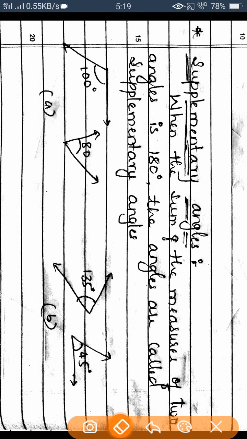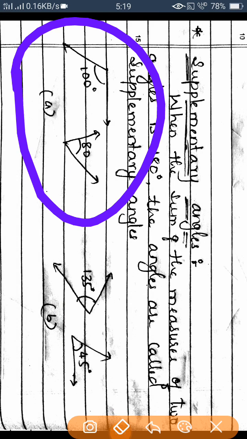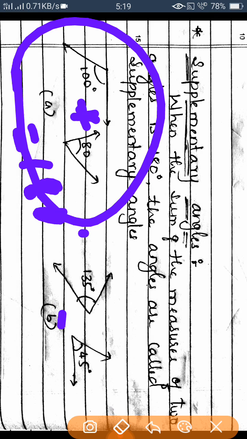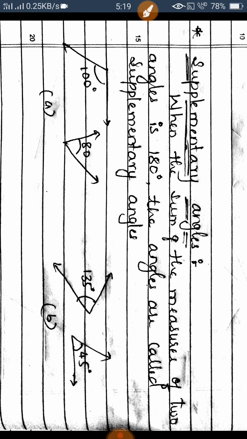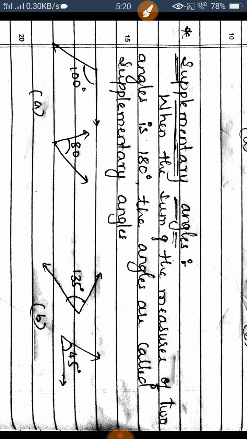Here are examples: 100 plus 80, is it 180? Then 135 plus 45, is it not 180? This is how supplementary angles form.